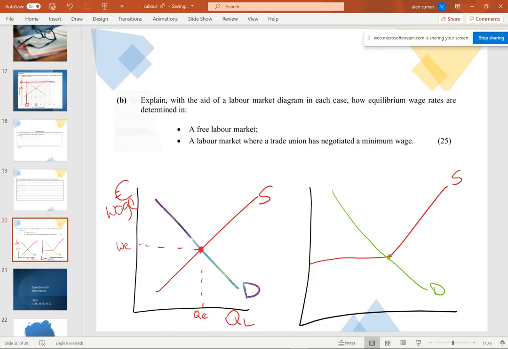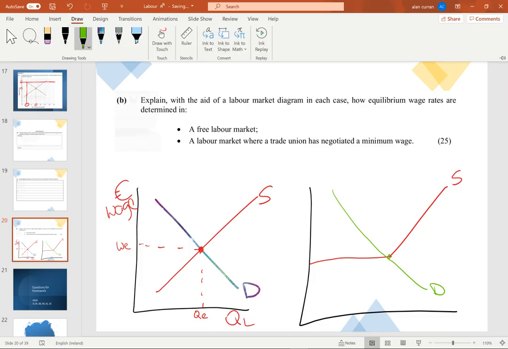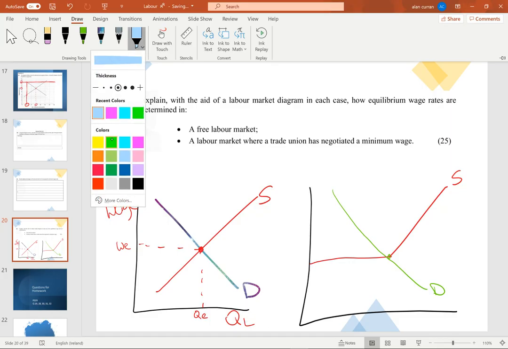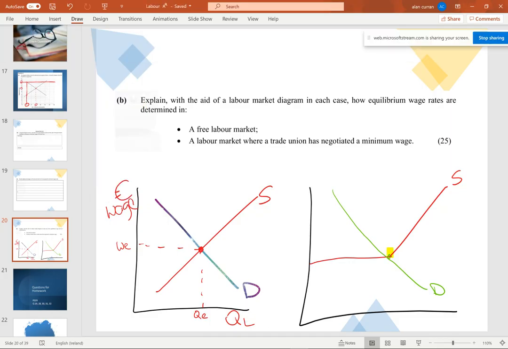Now this again doesn't have a huge basis in reality. What we're essentially saying, and I'm just going to use a highlighter here, is that around this point some people are going to be getting the minimum wage, and other people up here are going to be getting in excess of the minimum wage. Everyone here, by the way, is getting the minimum wage.